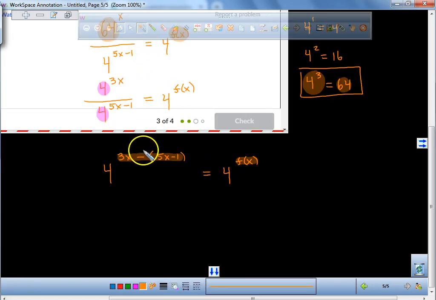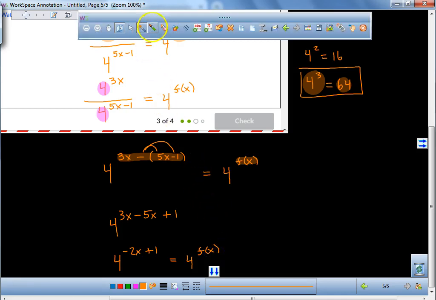Well, how do we do this? Would you guys agree we have to distribute this negative to both terms? Yes. So we have 4 to the power of 3x minus 5x, and a negative times a negative is a positive, so that becomes negative 2x plus 1, equals 4 to the power of f of x.